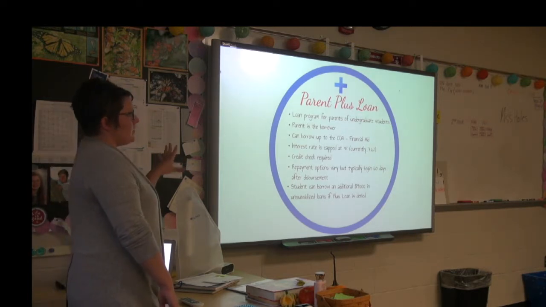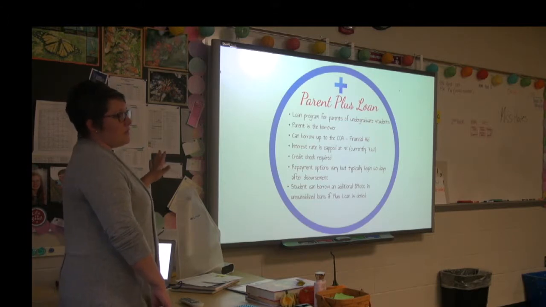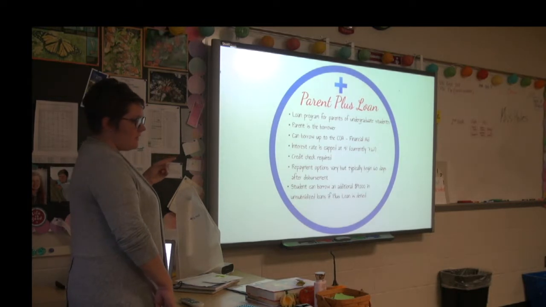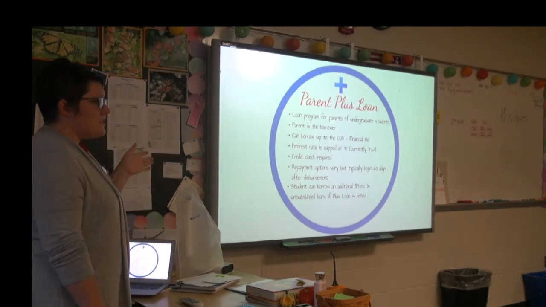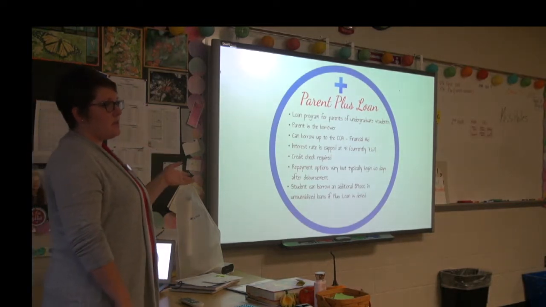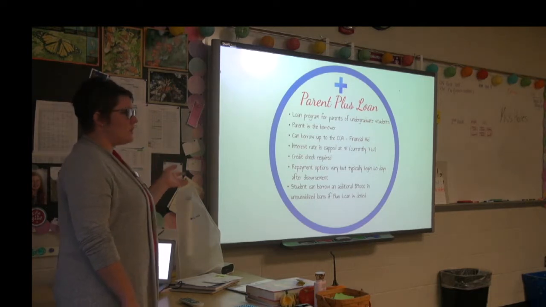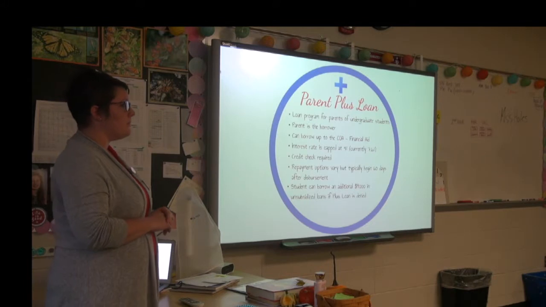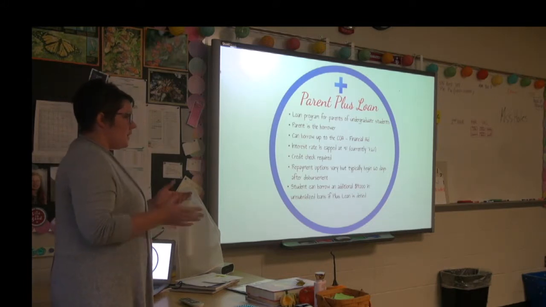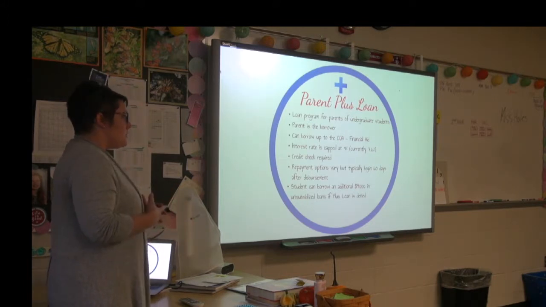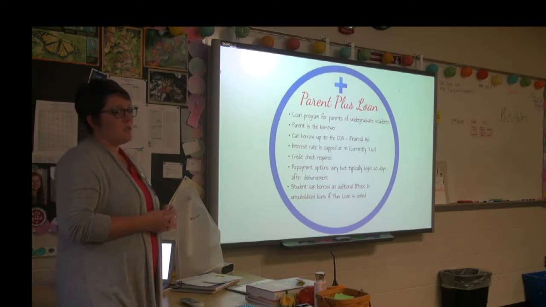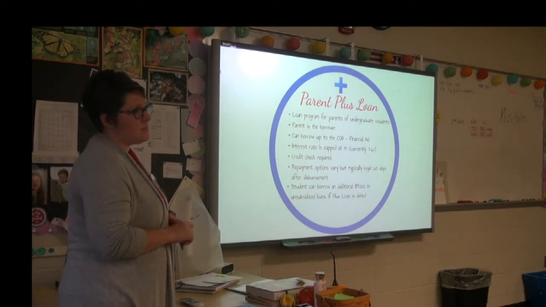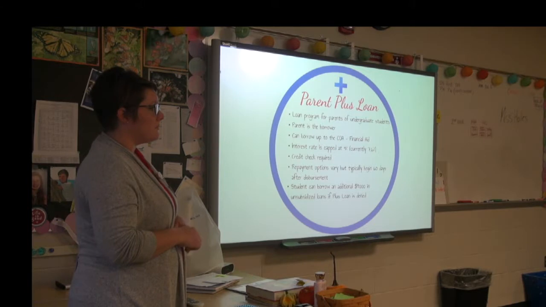If a parent applies for a Parent Plus loan, and in the case of a student with married parents, only one parent has to apply. Since it's a credit-based loan, if the loan is denied based on credit, then the student can borrow an additional $4,000 in unsubsidized loans in their own name, which would take a freshman student up to $9,500 in loans for the year, which is the same amount that an independent student gets in federal loan eligibility.